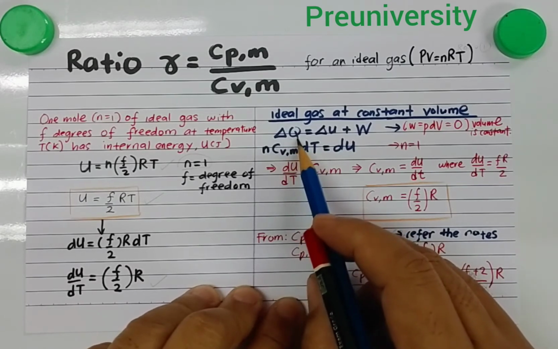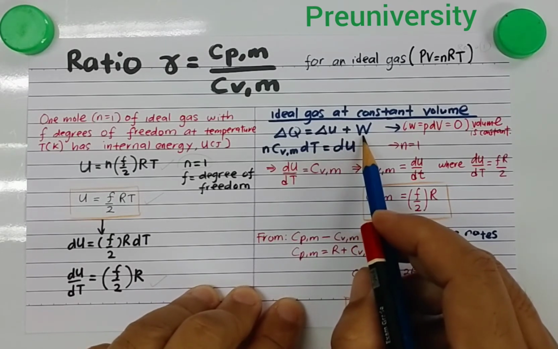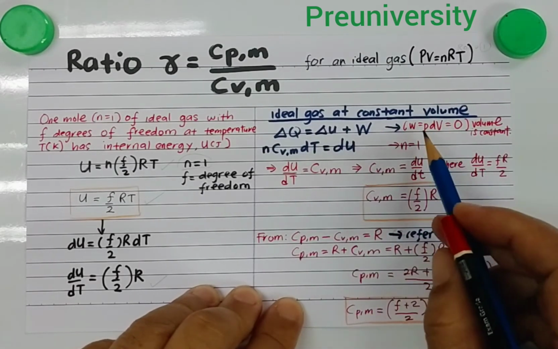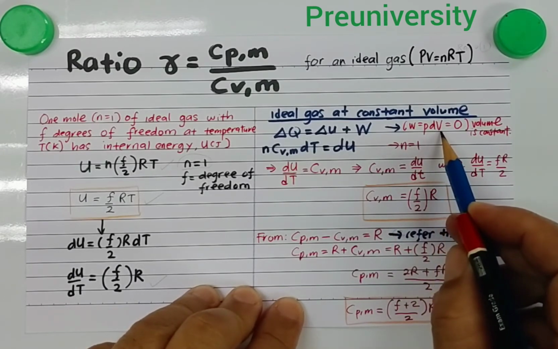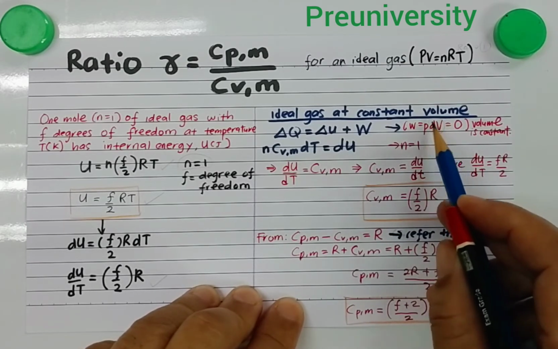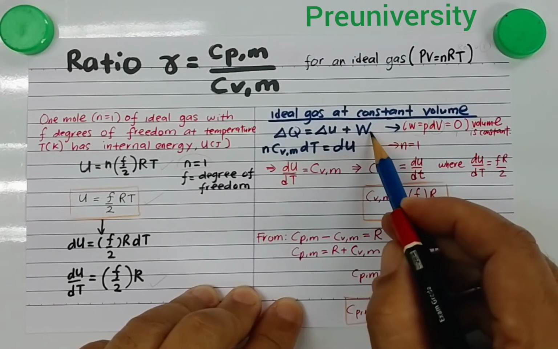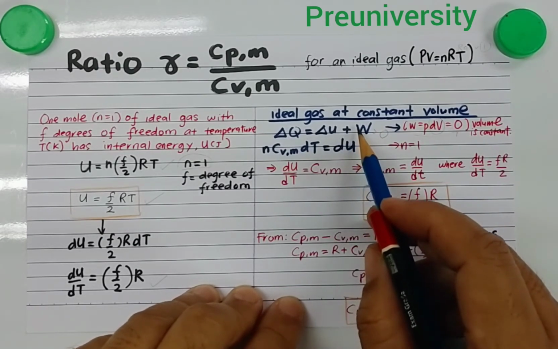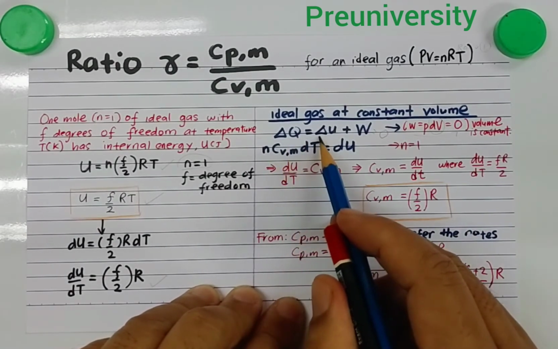Because this is the ideal gas at constant volume, the work is equal to P delta V. Because the volume is constant, delta V is equal to 0. Therefore, W is equal to 0. Then we can write the first law of thermodynamics as delta Q is equal to delta U.